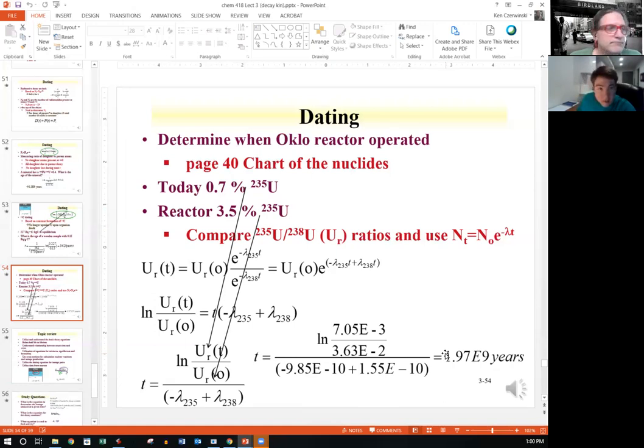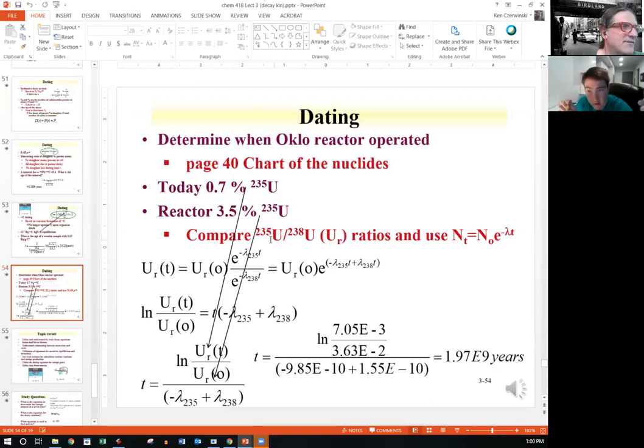Okay. So if we had the 0.7% there, we simply would multiply that by, I think, the last part of the question. Wait a minute. So if you have the 0.7% and the 3.5%, for the 235, but we're considering the ratio, right.